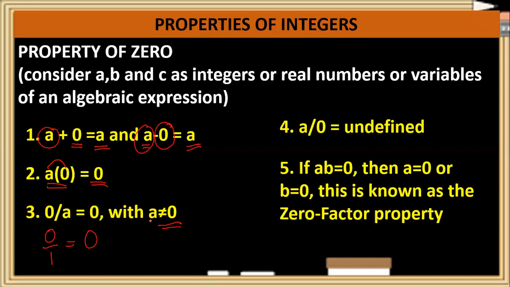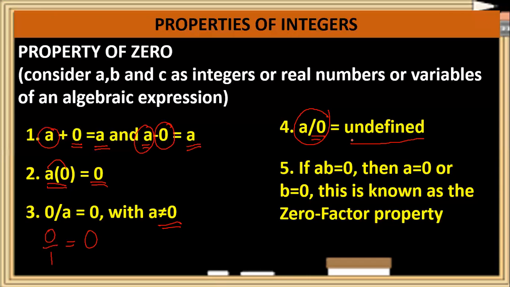Now, the fourth property of 0: when you divide an integer by 0, your answer will always be undefined. Dito usually nagkakamali yung mga students natin. When they divide by 0, ang nilalagay nila answer is 0. No, it should not be 0, but undefined. Hindi po 0 ang sagot pag dinivide natin si integer by 0.